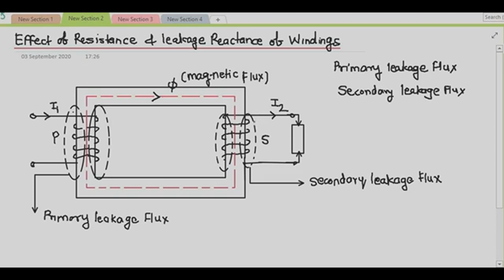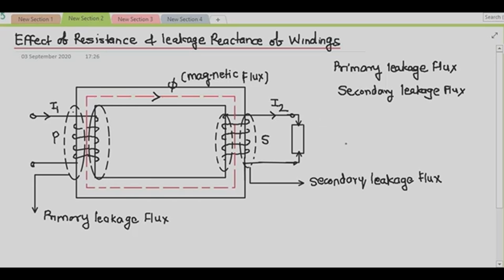So the combined effect of the voltage drop due to resistance and leakage reactance of the windings of a transformer is ultimately to change its terminal voltage on load from its no load value, for a given applied voltage across the primary winding.